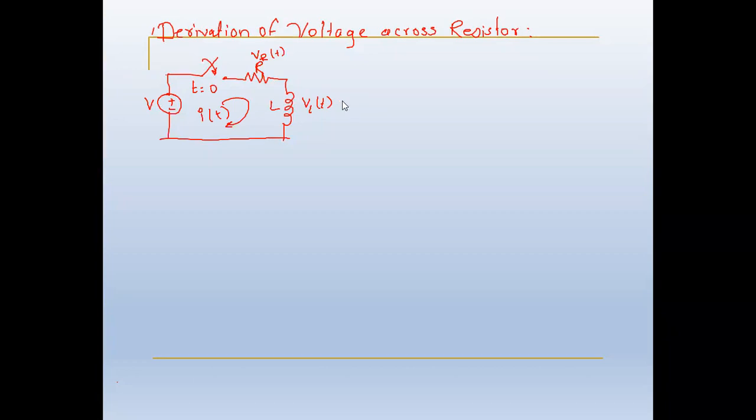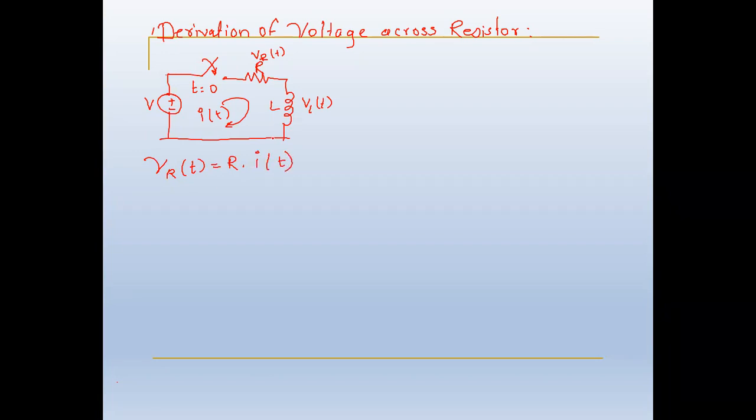the voltage across the resistor. To identify the voltage across the resistor, we have already given that VR of t is equal to R into I of t.